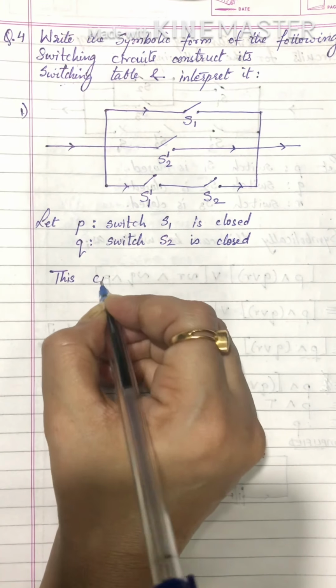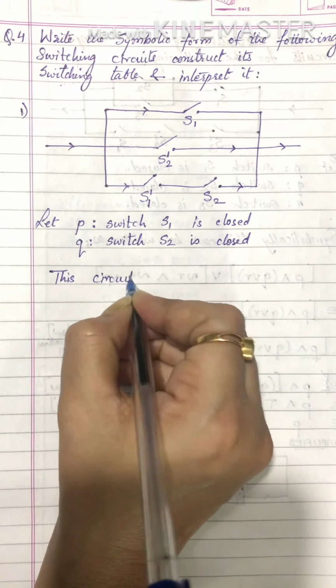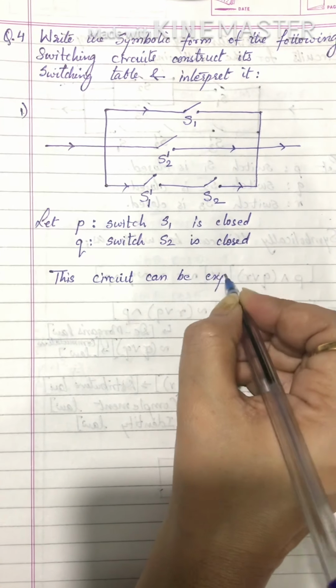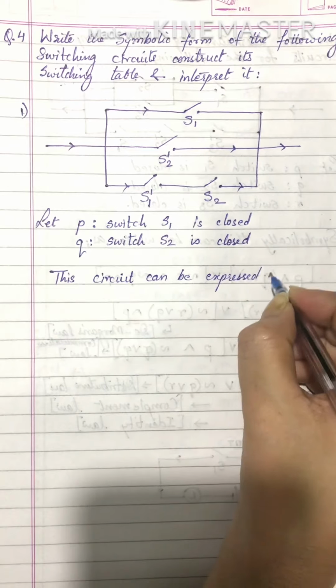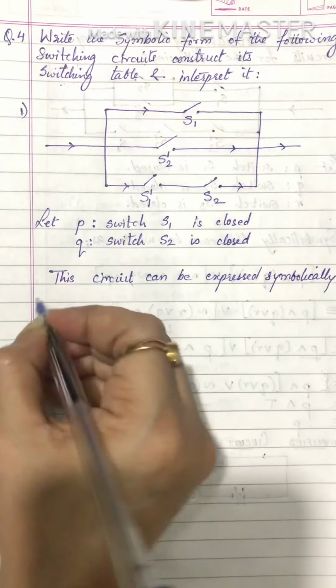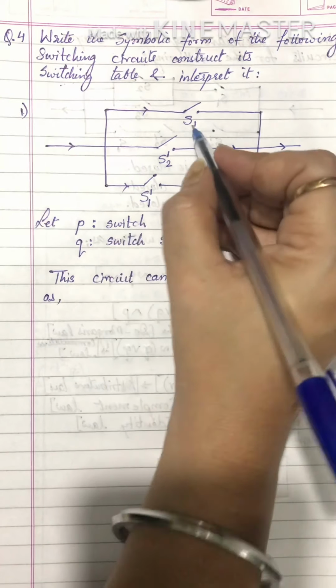Now we will write this circuit symbolically. What will come here?